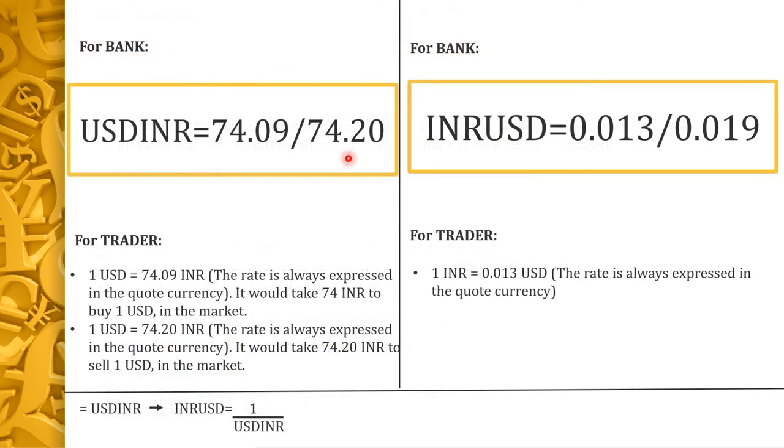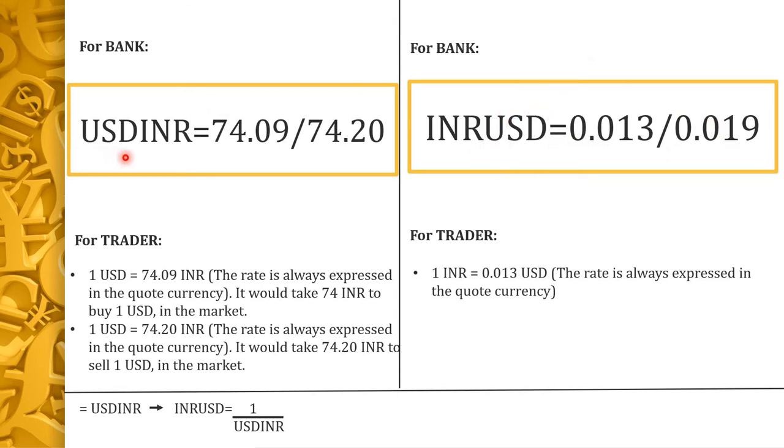So this is the bid and offer price of which currency? USD INR. But what's the difference? Here, this price is expressed in terms of INR, which is the quotation currency here, and here this is expressed in terms of USD, which is the quotation currency here.